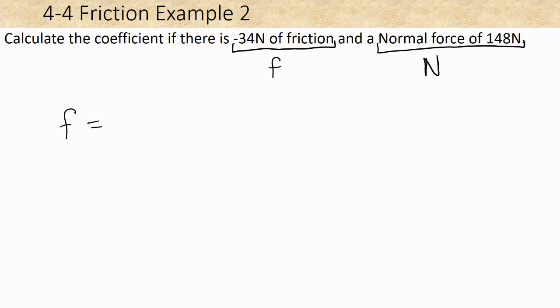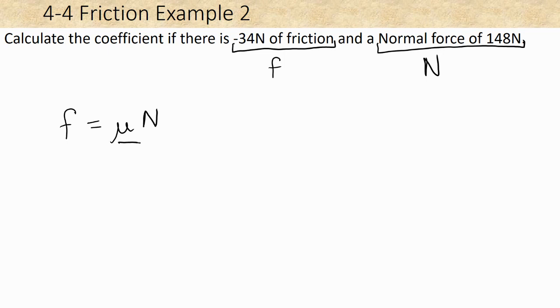Friction equals mu times the normal force. I dropped the capital F's in this case because we're only working with friction and normal force. So lowercase f and capital N are clear indicators of those.